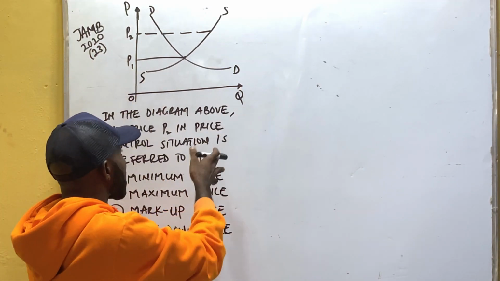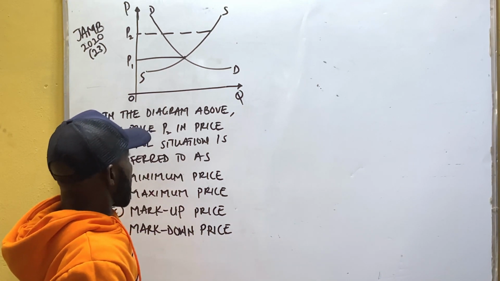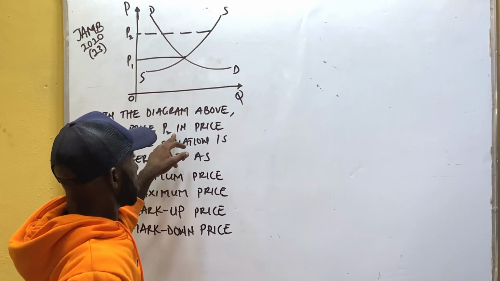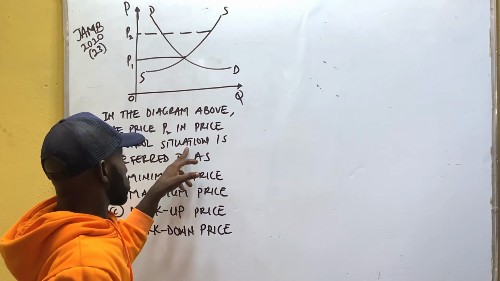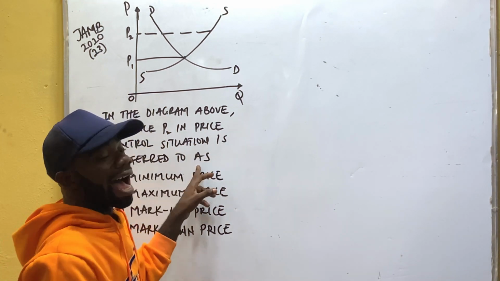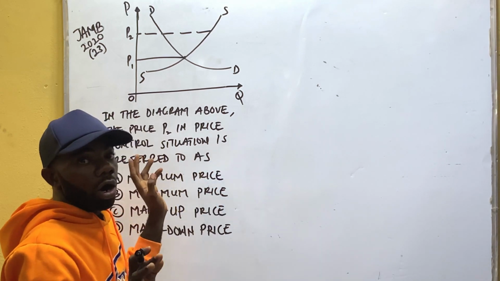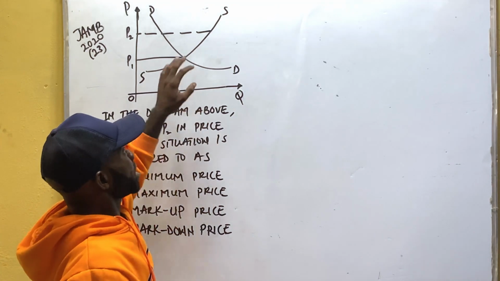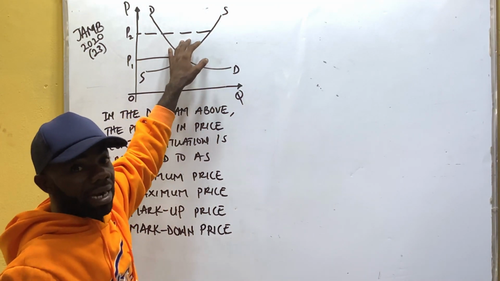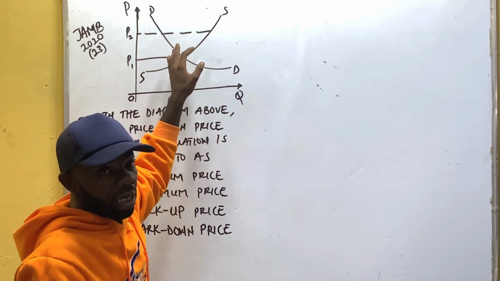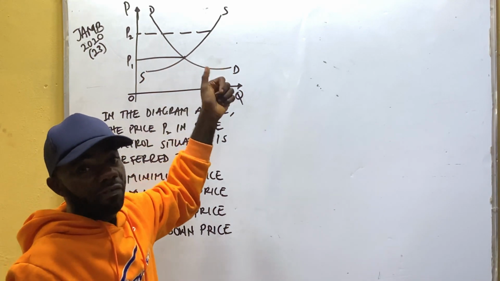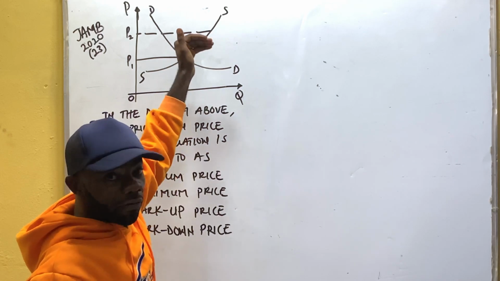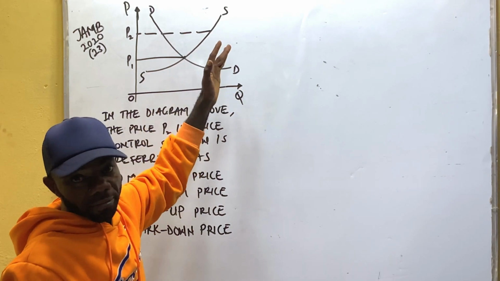Now, going down to the question, it says in the diagram above, the price P2 in a price control situation is referred to as. One of the confusions students will have is thinking that when the government comes in to peg the price or fix it above the equilibrium price, because it's above, that makes it maximum price.